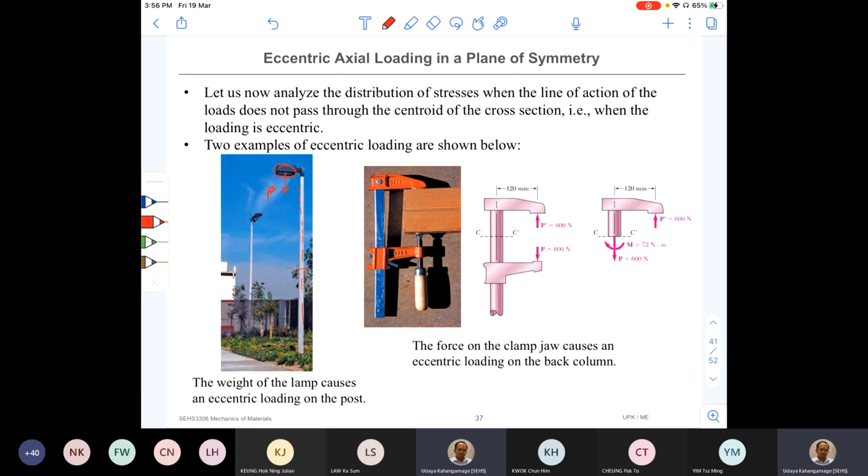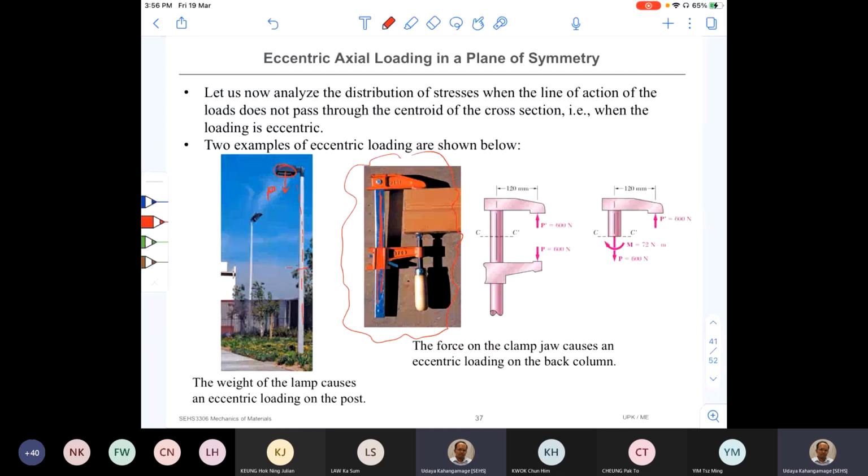So we'll take another example similar to the lamp post, that is this clamp we normally use for woodworking, to clamp two pieces of wood together. Once we clamp the wood, because of the loads applied on the jaw, the vertical member here is going to be subjected to bending, and also there are going to be axial loads.